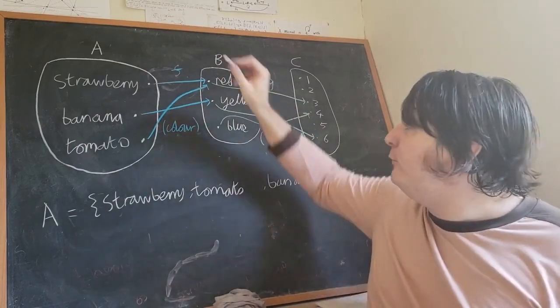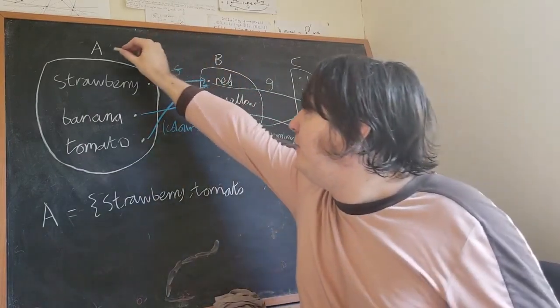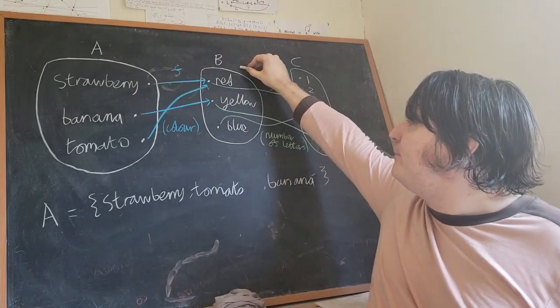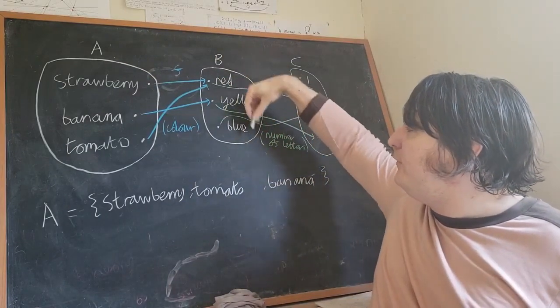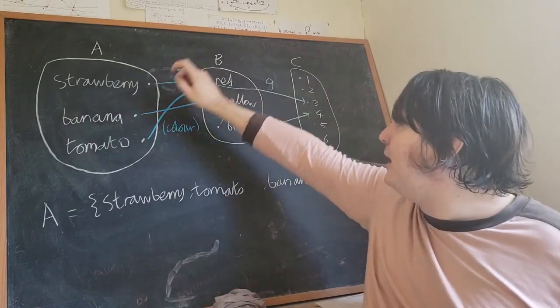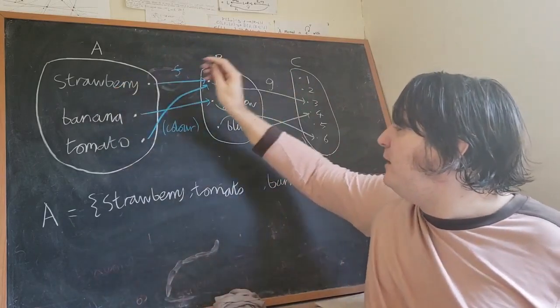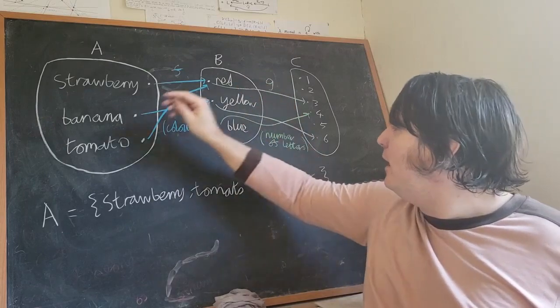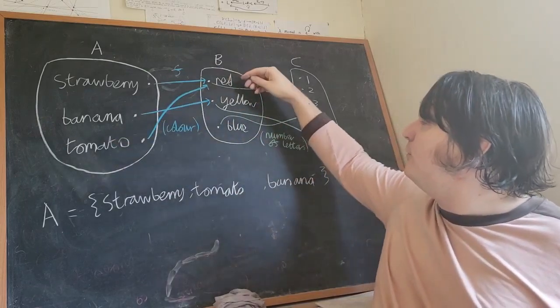So this function f sends this set A to this set B. Here B is this set of colours and A is this set of fruit. So this function f sends strawberry to red, it sends banana to yellow, and it sends tomato to red.